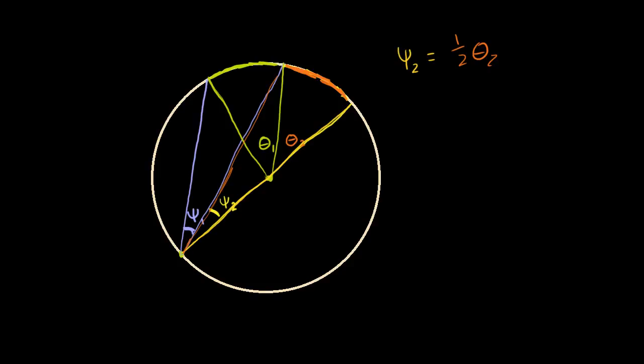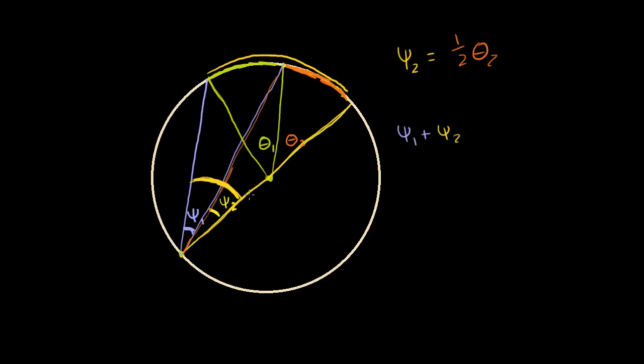Now, let's look at this larger angle right here: psi 1 plus psi 2. Once again, this subtends this entire arc right here, and it has a diameter as one of the chords that defines this huge angle.